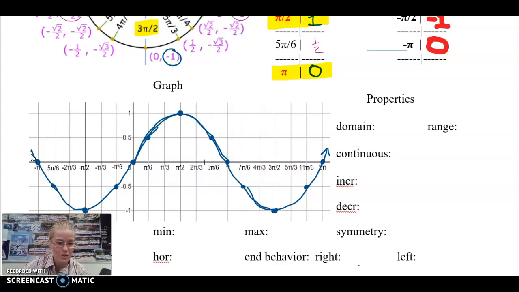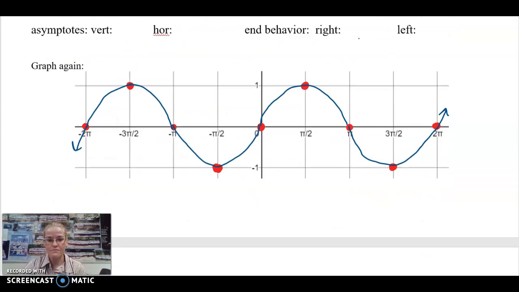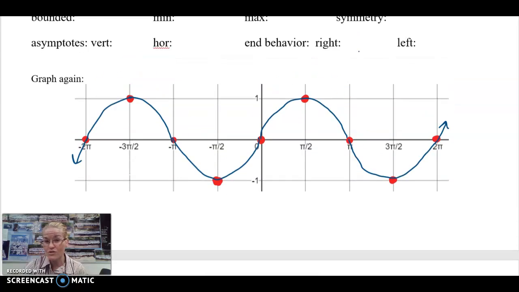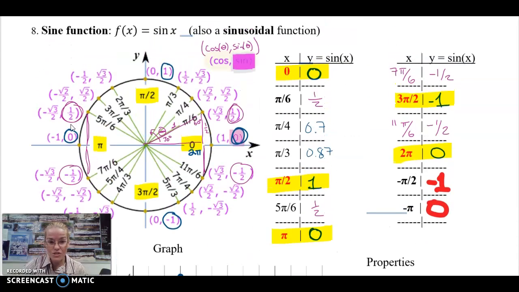What you will be responsible for knowing and being able to graph is basically just the quadrant angles. So pi over 2, pi, 3 pi over 2, and 2 pi are called the quadrant angles because on our unit circle, they are at 90 degrees, 180 degrees, right? They're on our quadrants.